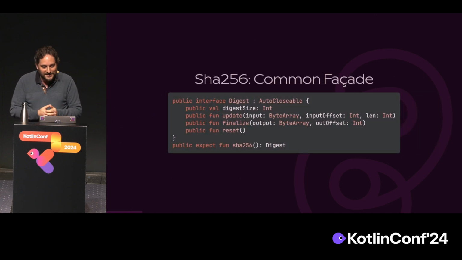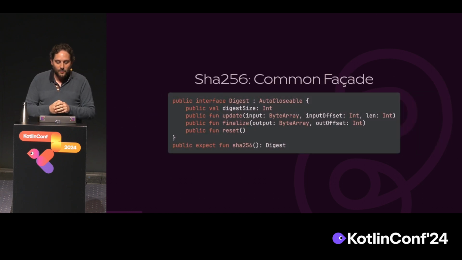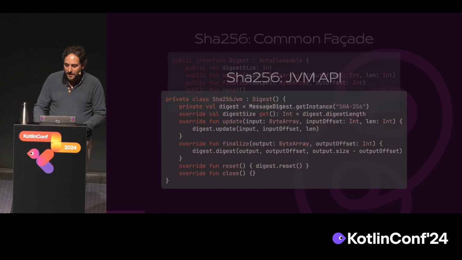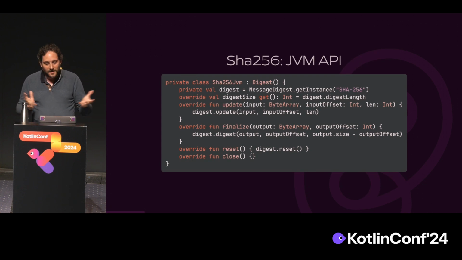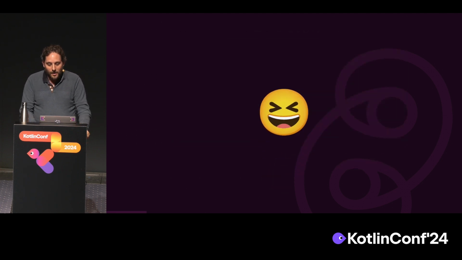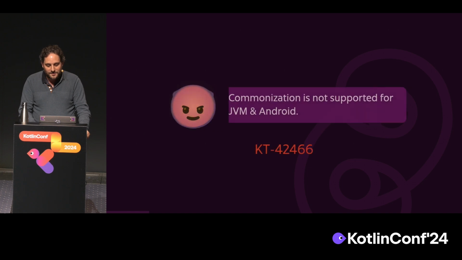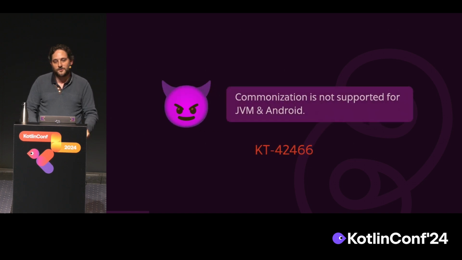So let's start. Let's say that I have a need for a SHA-256 common facade, and I want to implement that in each of our targets. Well, the JVM is simple, right? Not much to it. You just forward the API to the Java API. Simple, right? Well, it turns out that commonization is not supported for JVM and Android.